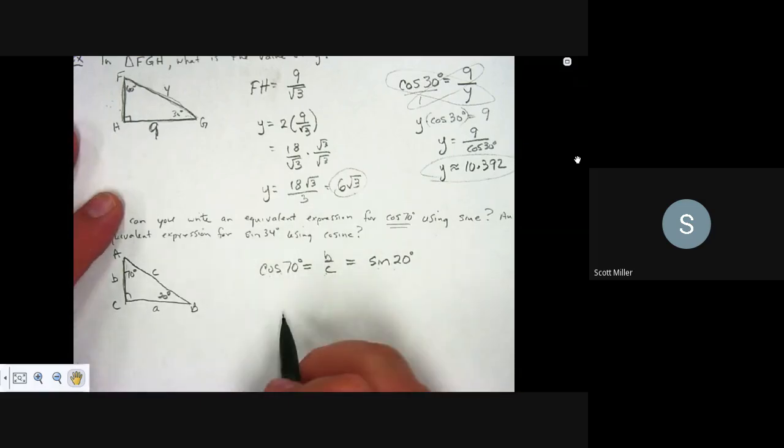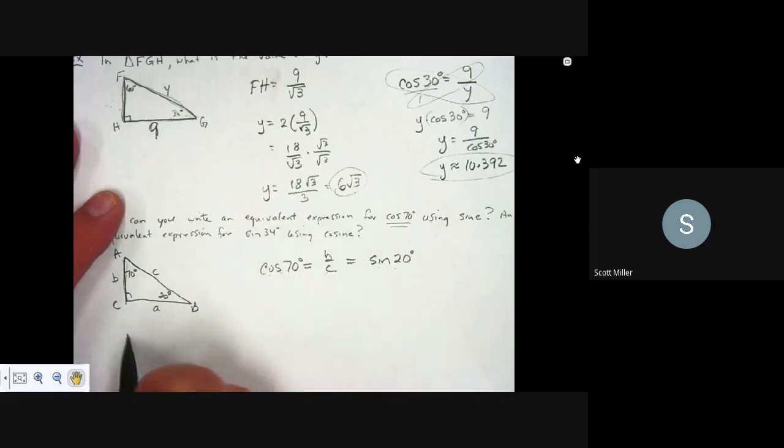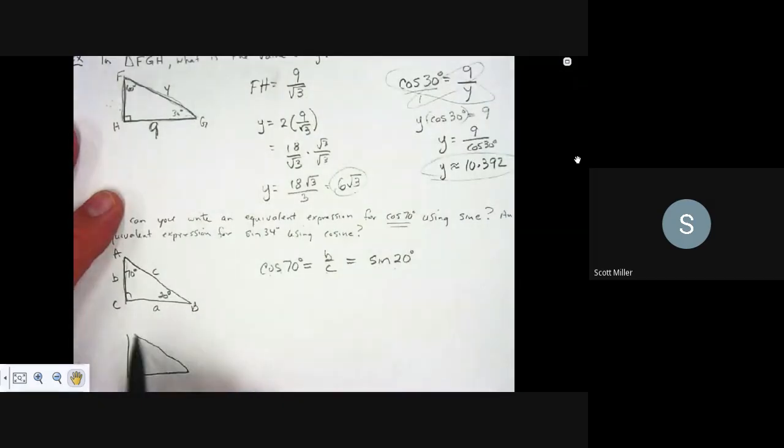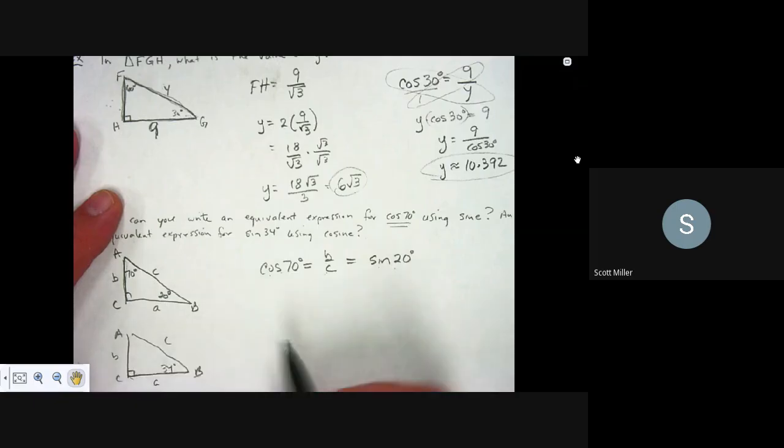So with that in mind, if I do another triangle, A, C, and B, right angle, and I use an angle 34 degrees, then the sine of 34 degrees must be equal to what?